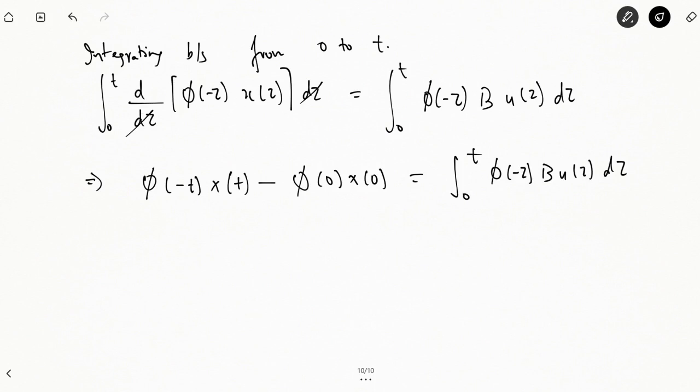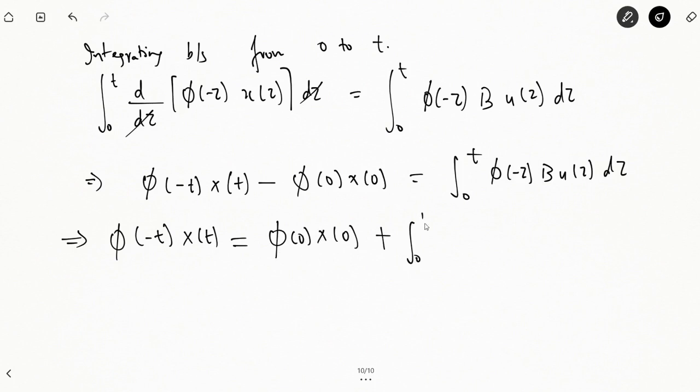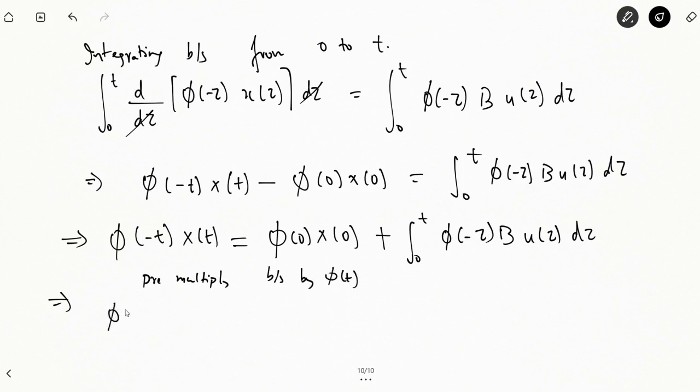But on the right hand side there is no such provision, so it will remain as such. Therefore phi of minus t x(t) is equal to phi of 0 x0 plus the integral from 0 to t of phi of minus tau B u(tau) d tau. And after this, what did we do last time? Pre-multiply both sides by phi(t). Multiplying by phi of t into phi of minus t is nothing but phi t inverse actually. We already know the properties of the state transition matrix.